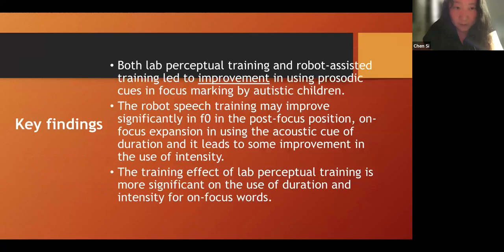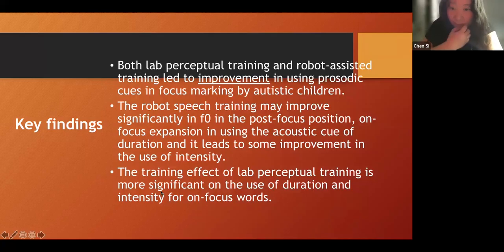So the key findings probably are both lab perceptual training and robot-assisted training can potentially lead to improvement in using prosodic cues in focus marking. While the robot training may improve significantly in F0 in the post-focus position, but on-focus expansion in duration, and also some improvement in the use of intensity.